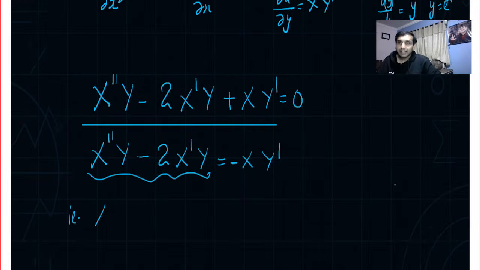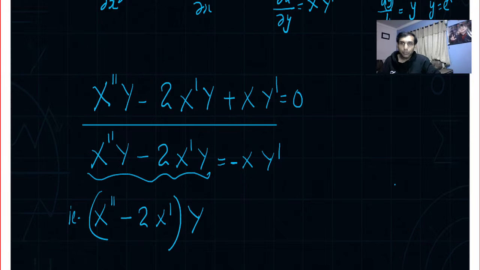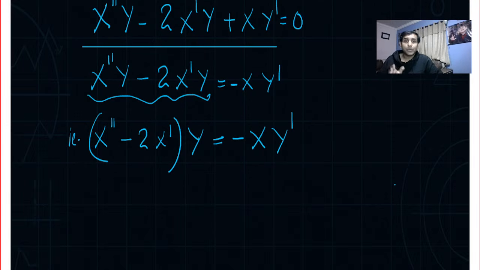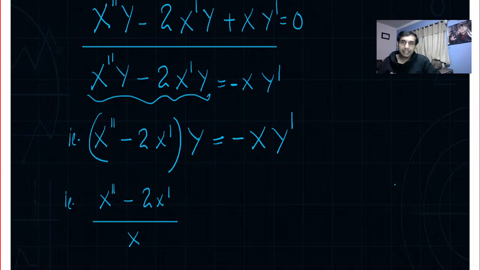That is x double dash minus 2x dash, and I took common that y. Can you see y is common? Is equal to x into y dash. That is x double dash minus 2x dash divided by x is equal to minus y dash by y.